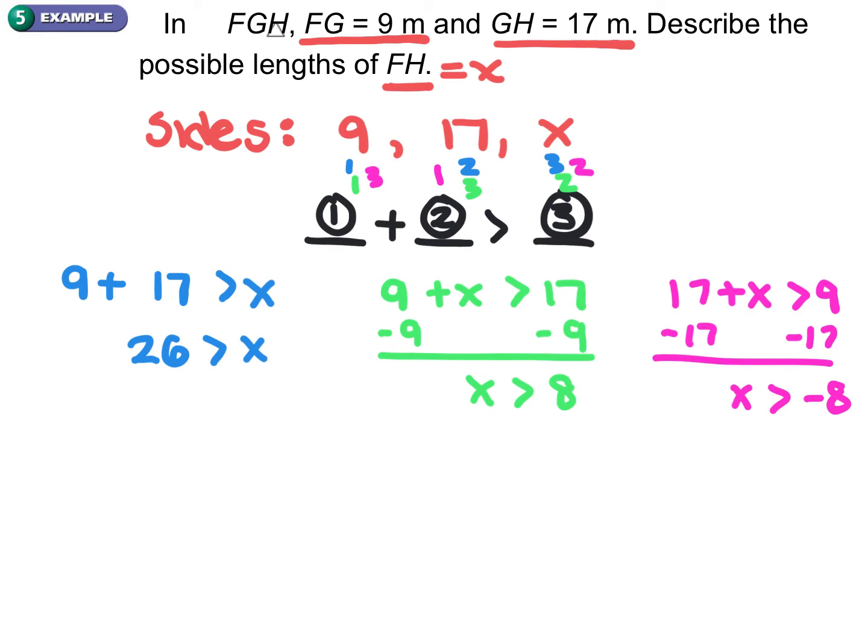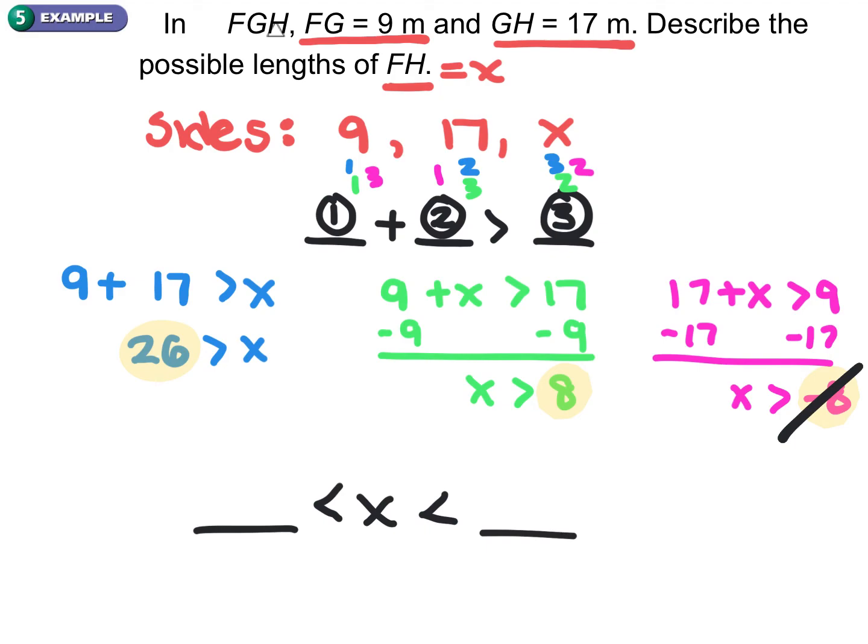Now I want to rewrite this as a compound inequality, so I have the range of values. Now looking at the numbers, I want to fill them in. However, one of these numbers isn't going to work. What we see is we have a number of 26, another number of 8, and then another number of negative 8. But what we know from geometry is that we can never have a negative side length, so I can get rid of the negative 8.